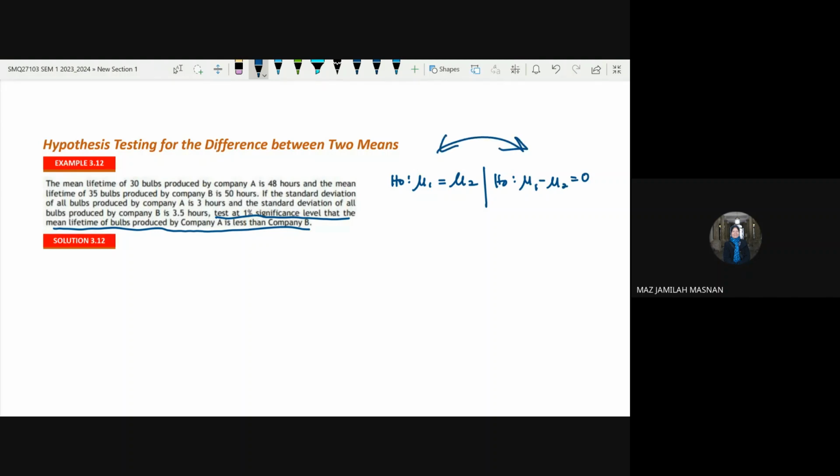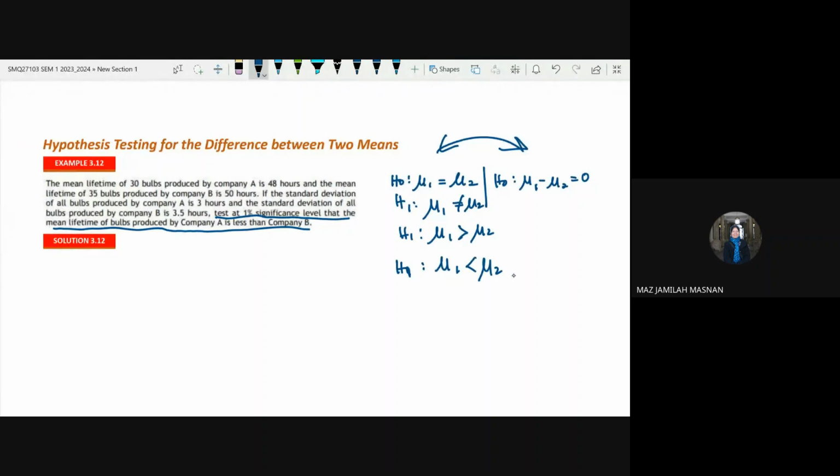Now, in this case, the mean lifetime of bulbs produced by company A is less than company B. If we write it that way, the alternative can be mu1 not equal to mu2, or mu1 greater than mu2, or H1: mu1 less than mu2.